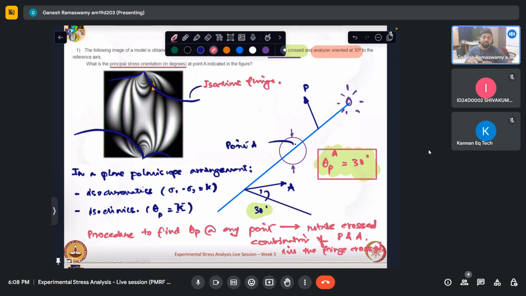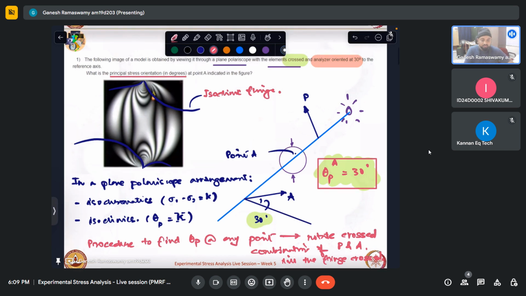Since it's in linear elasticity, if we load it more for the same problem with a higher load, our principal stress orientation is not going to change, whereas the principal stress magnitudes will definitely change. So what that implies is that the isochromatic fringes will move, but the isoclinics will remain the same. So these are two ways to differentiate between isoclinics and isochromatic fringes. I hope that is clear. Should there be any questions, please feel free to ask.